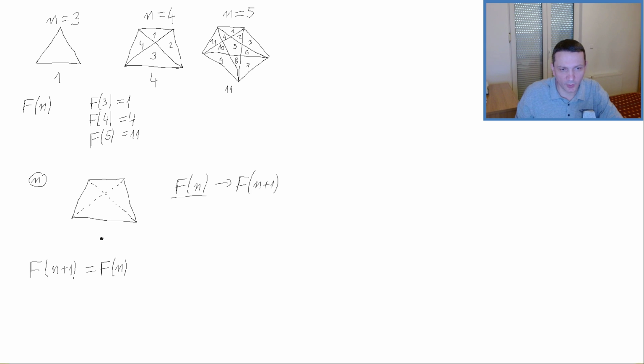I shall try to think how to obtain f of n plus 1 from f of n. So I shall now see how many new areas I am getting if I add one new point, one new vertex. If I add one new vertex, I am actually getting one new area simply by adding that. So this will be plus 1.